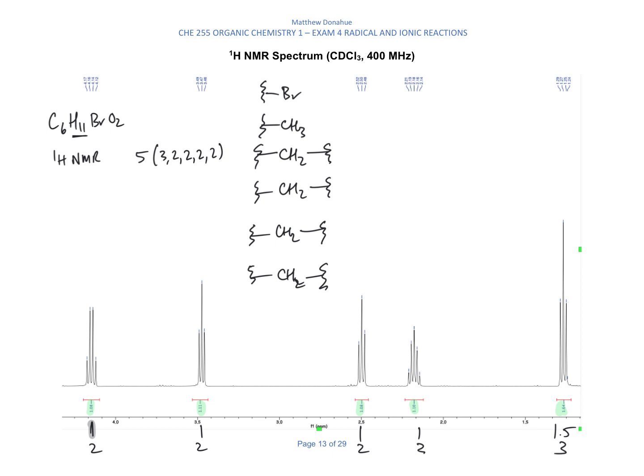So we'll take one of these out. We'll do it this way. CH2Br. So that takes care of that. Well, we know that this CH2 is going to be bonded to something else.